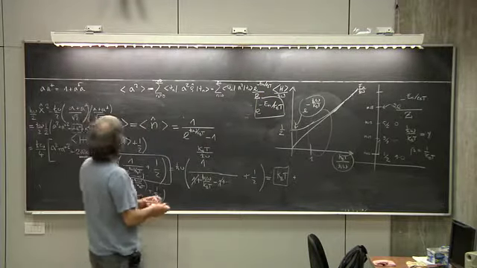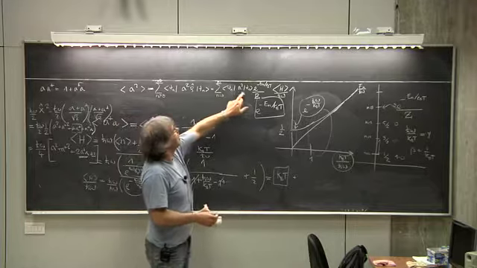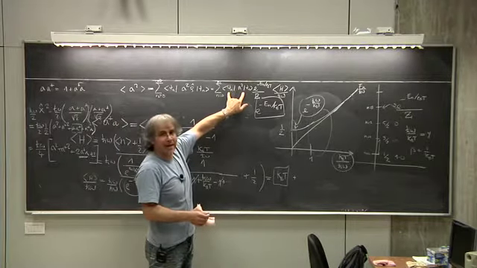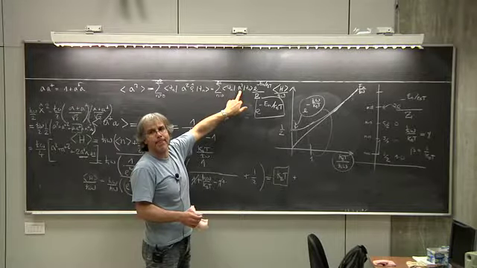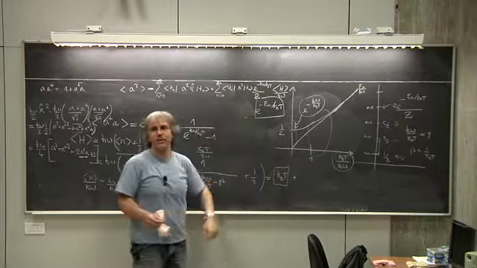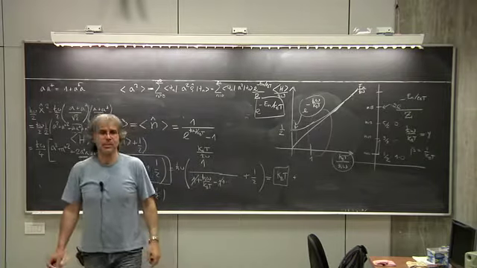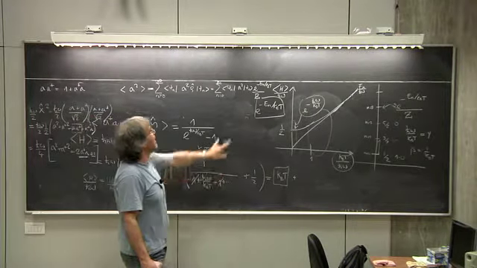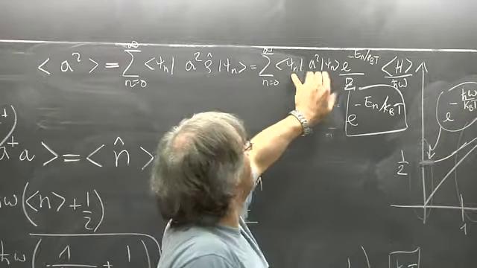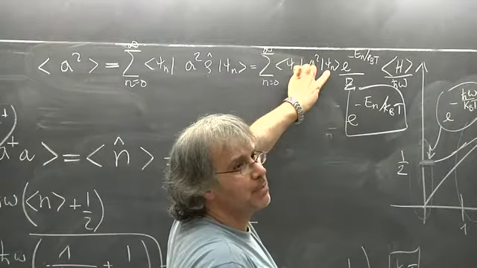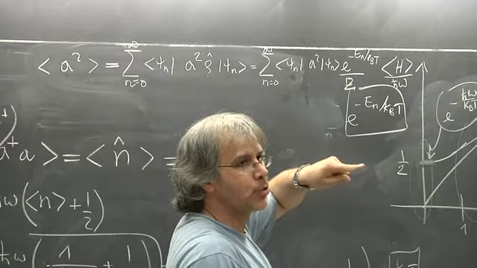But before I had A dagger A, and this was giving me n. Now I have A square. How much would this give me? The average of A square. 0, because A applied to psi n gives me psi n minus 1 with the square root of n.